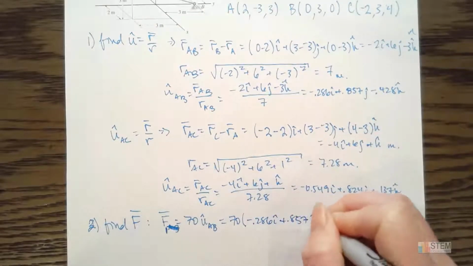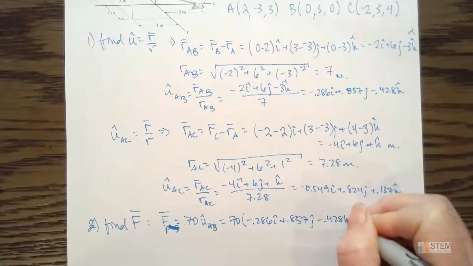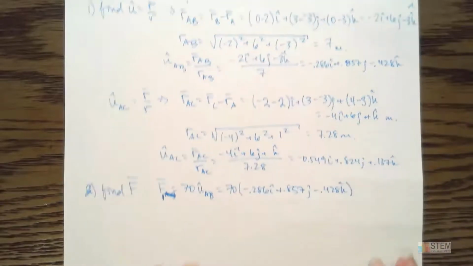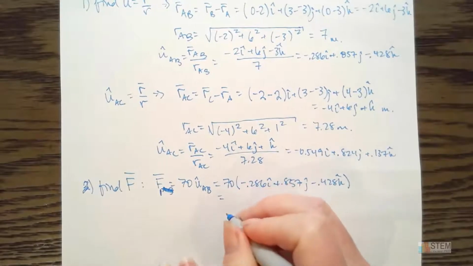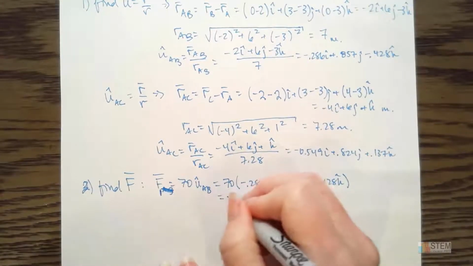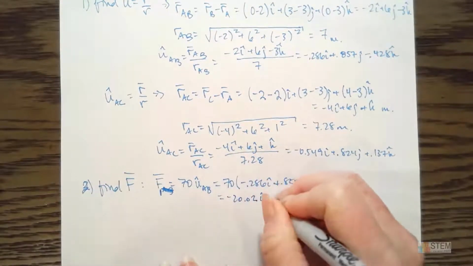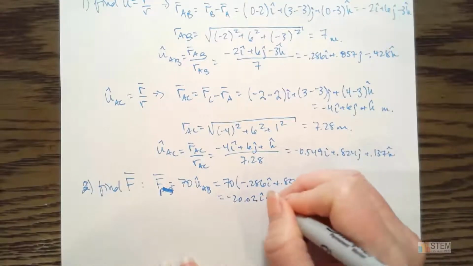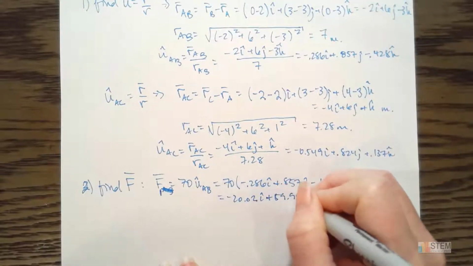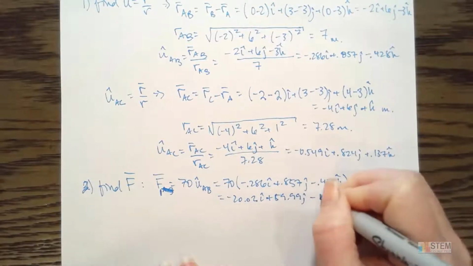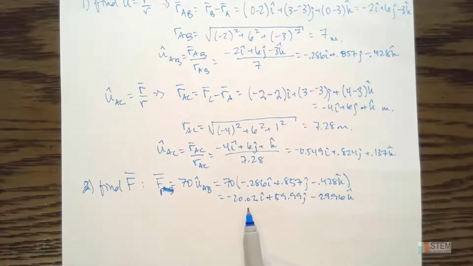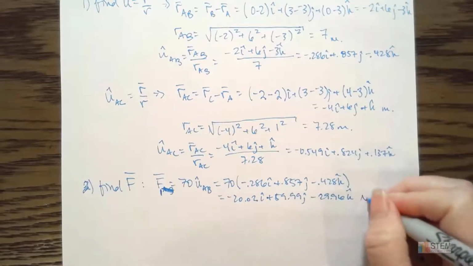This gives us our Cartesian form of the force. Now we just multiply through by 70 on each of these. So it's negative 20.02I plus 59.99J minus 29.96K. This is our force vector, and units here would be newtons.